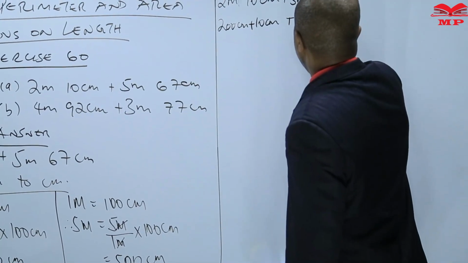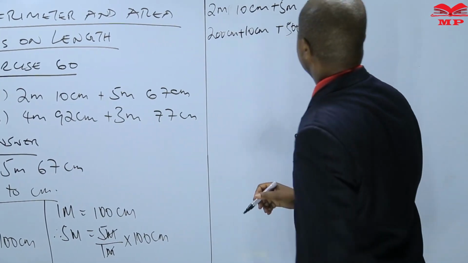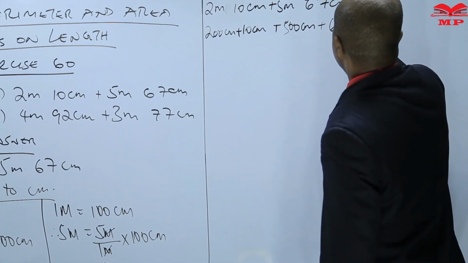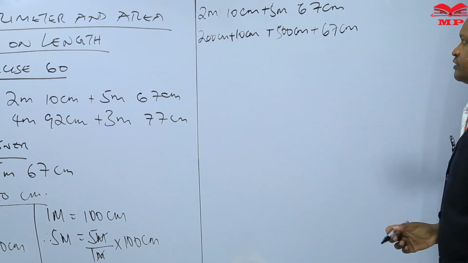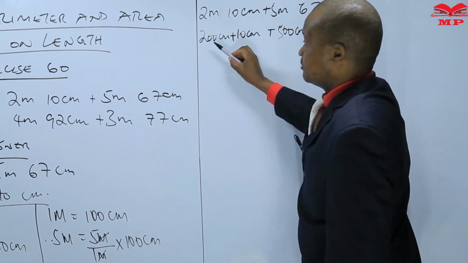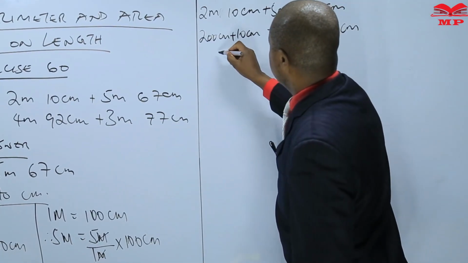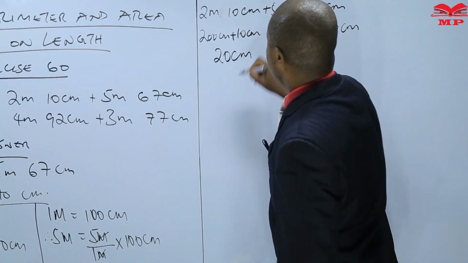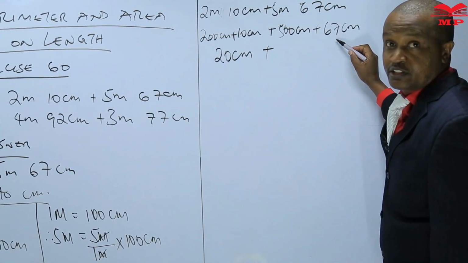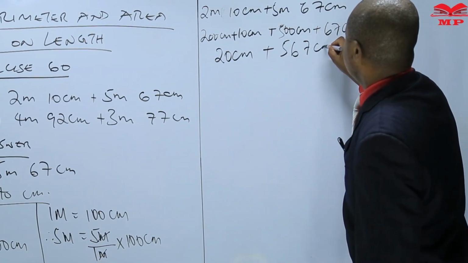So we have 500 centimeters plus 67 centimeters. 2 meters and 10 centimeters is the same as 200 centimeters plus 10 centimeters, giving us 210 centimeters, plus 500 centimeters plus 67 centimeters. This is equal to 567 centimeters.